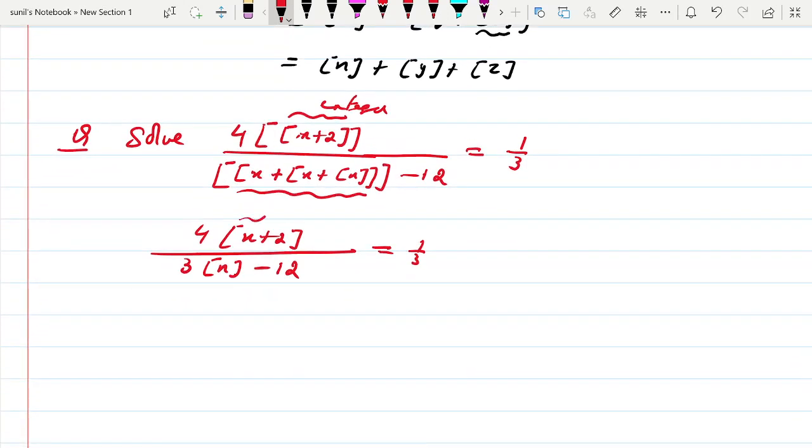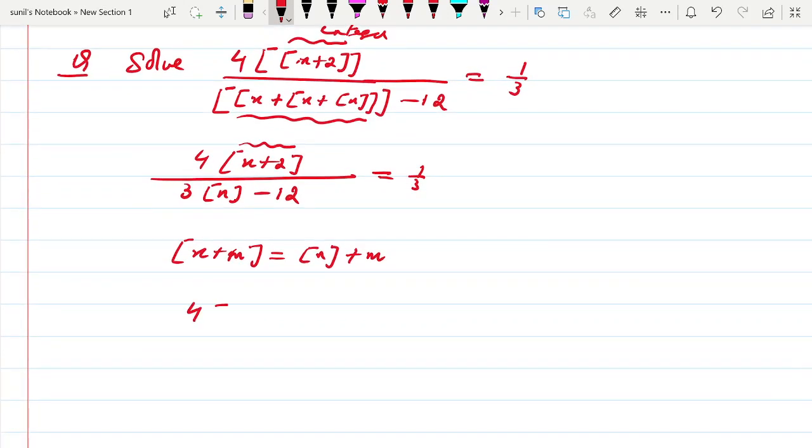And again, based on the property, bracket x plus m is bracket x plus m, so 4 times bracket x plus 2, and thrice bracket x minus 12 is 1 by 3.